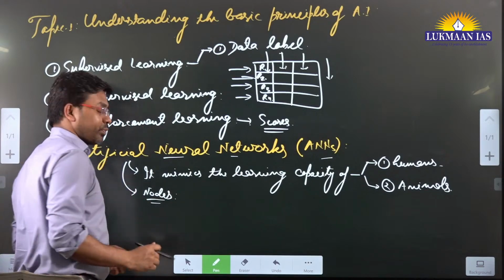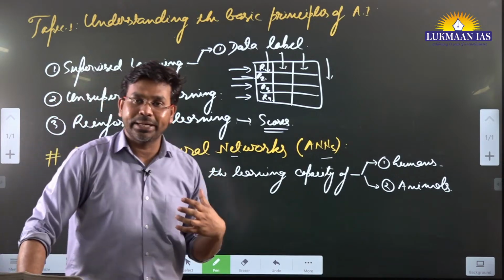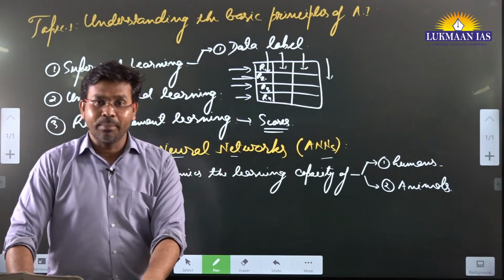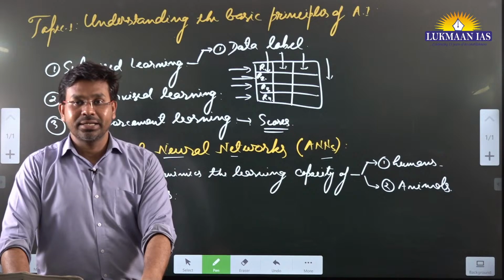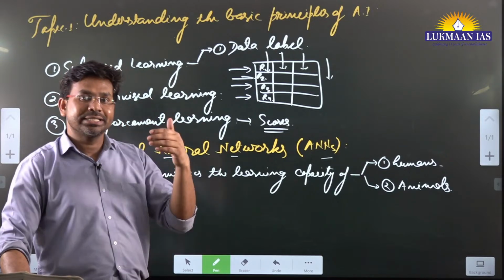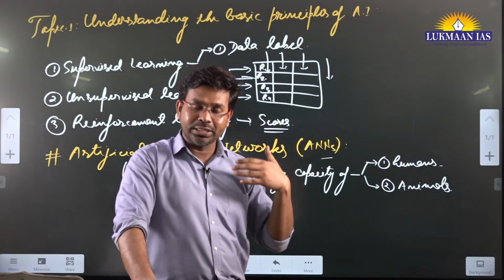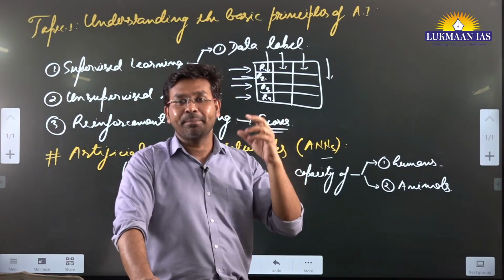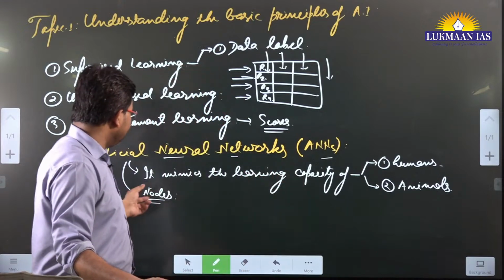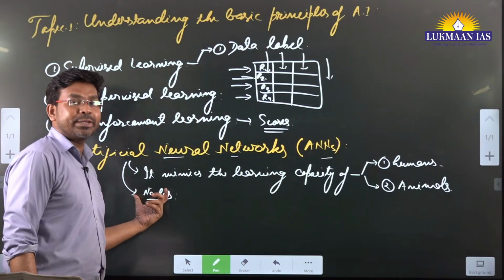Nodes are like, in the human brain, we have brain cells, and we also have synapses. Synapses are the gaps between the neurons. From one neuron to another neuron, the electric signal passes through the synapses, through the gaps. Similarly, in this case also, nodes represent the neurons.